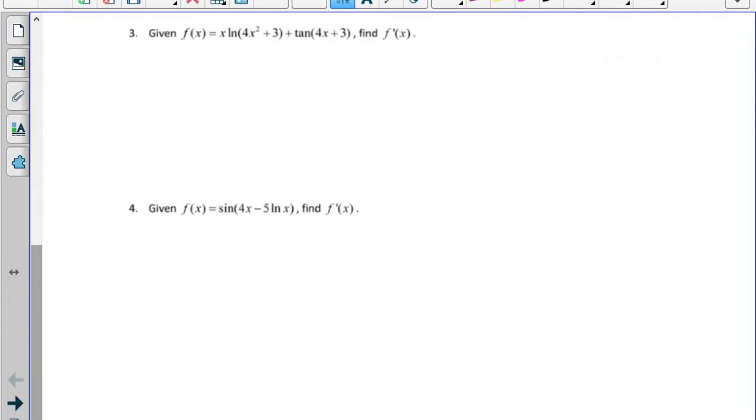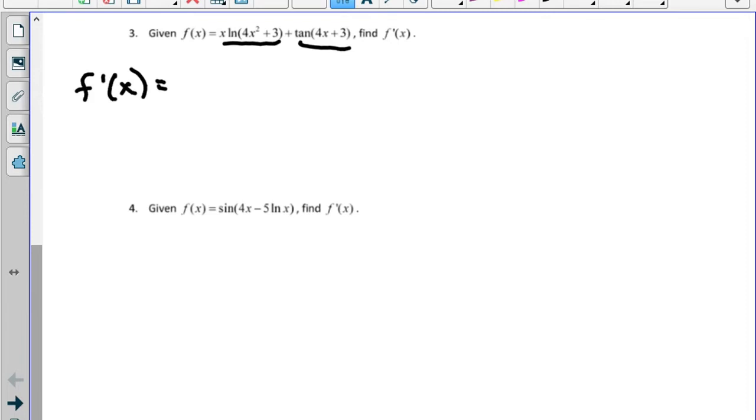Number 3, one thing that we need to notice is that f of x has a couple things going on here. It has 2 parts, so we have to take the derivative of both parts. Also notice that f of x has a product rule in the first part.